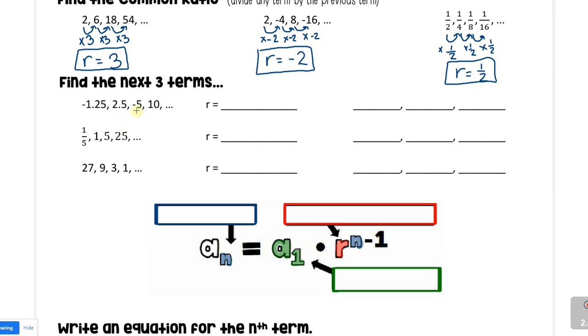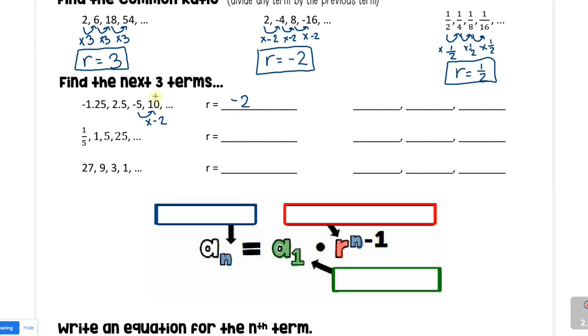So think about -5 to 10. When you go from -5 to +10, you're multiplying by -2. Here's the same thing: -1.25 times -2, negative and negative make a +2.5. Our common ratio is -2.